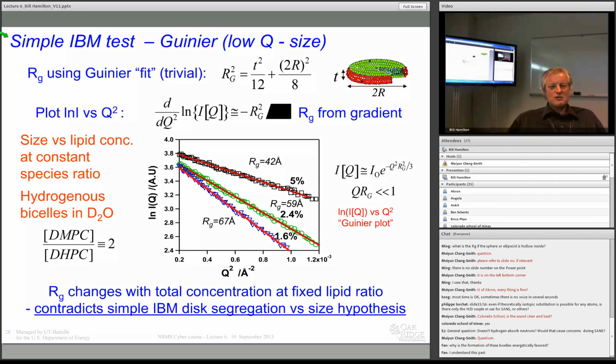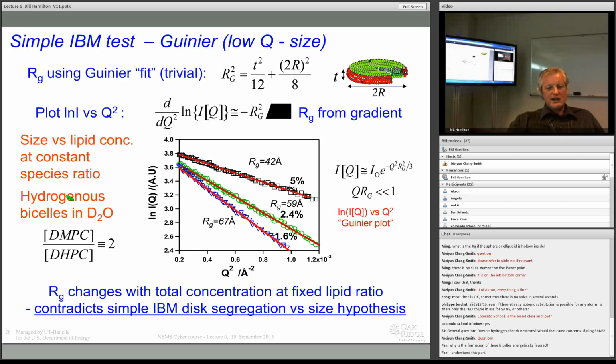And for this, we did the simplest thing you can do with small angle scattering. We did a Guinier experiment. All we did was keep the molar ratio of DMPC to DHPC at about a factor of 2, which basically gives a volume ratio of more like 4 or 5, but basically the same ratio of molecular species.